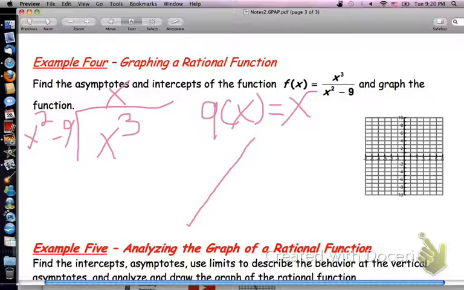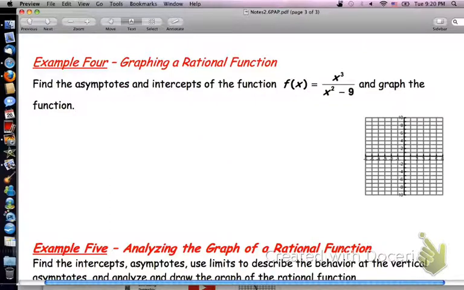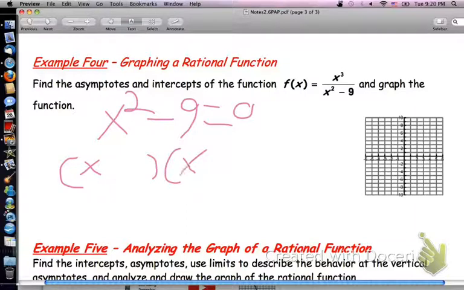What about vertical asymptotes? We need to solve x squared minus 9 equal to 0. So we can factor this. What values would we put here and here? We'd have a 3 and a 3.